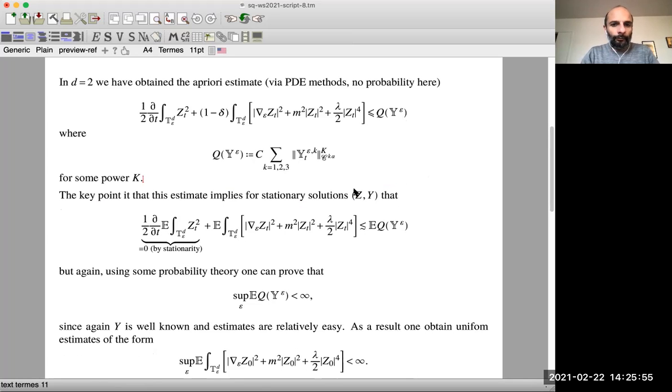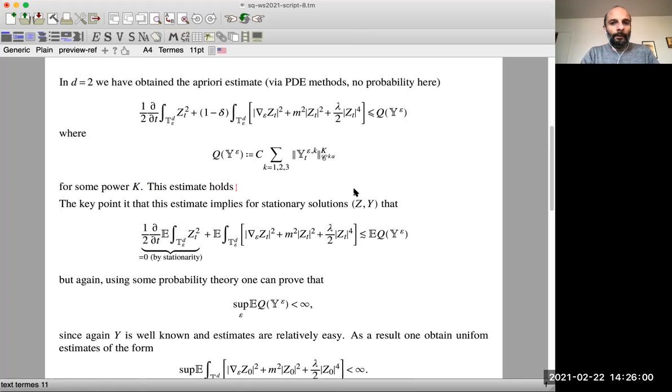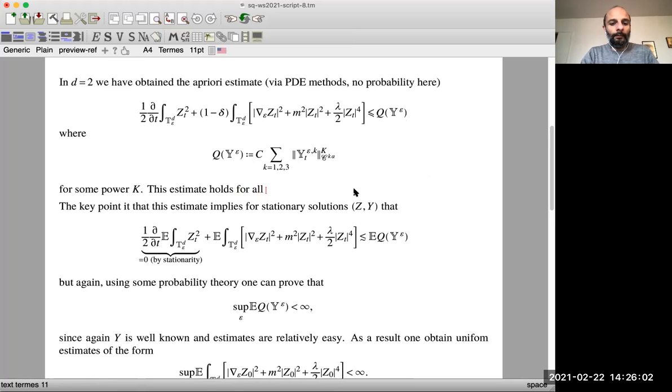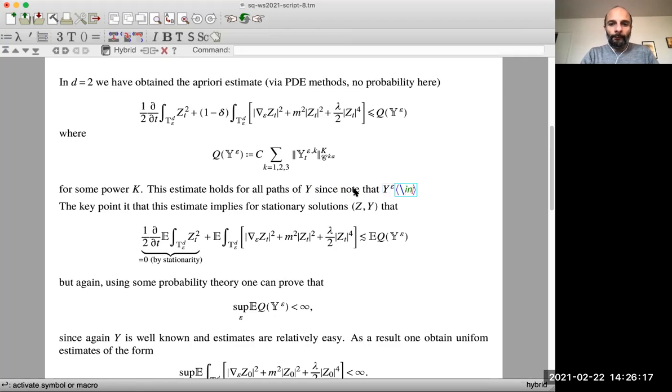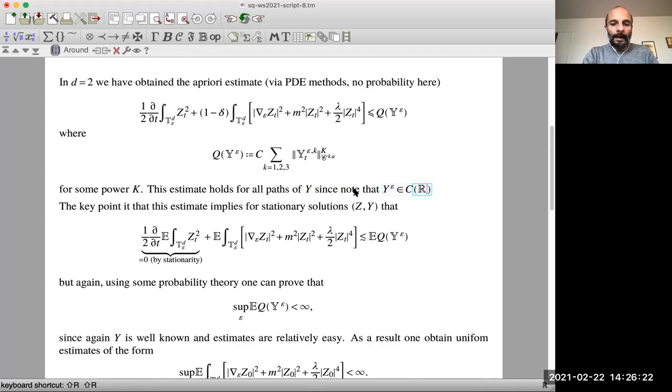So this estimate holds for all samples, for all paths of y, essentially, since note that y of epsilon is a very well behaved function. It's a continuous function from R times R^d. So these functions are very nice, okay?